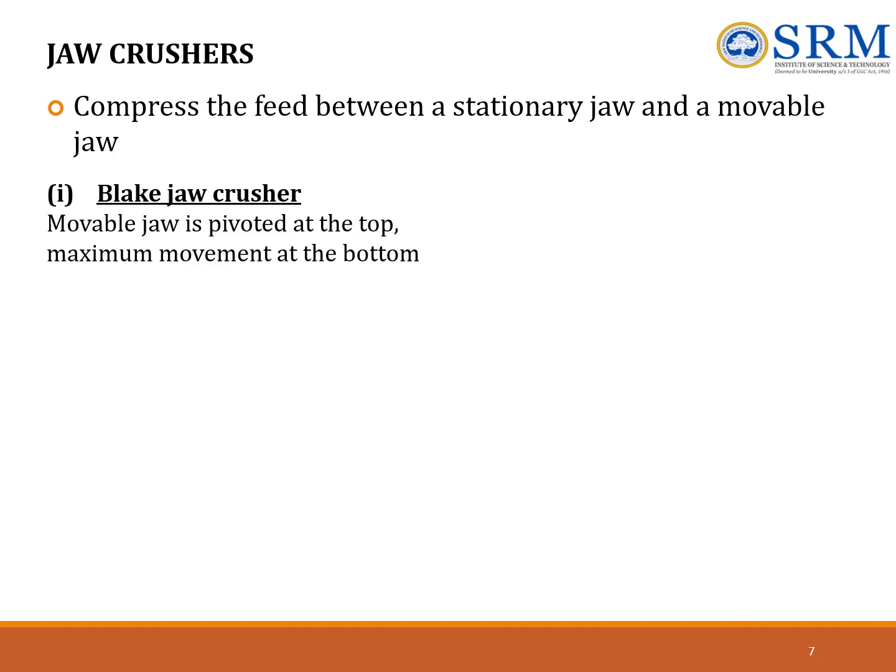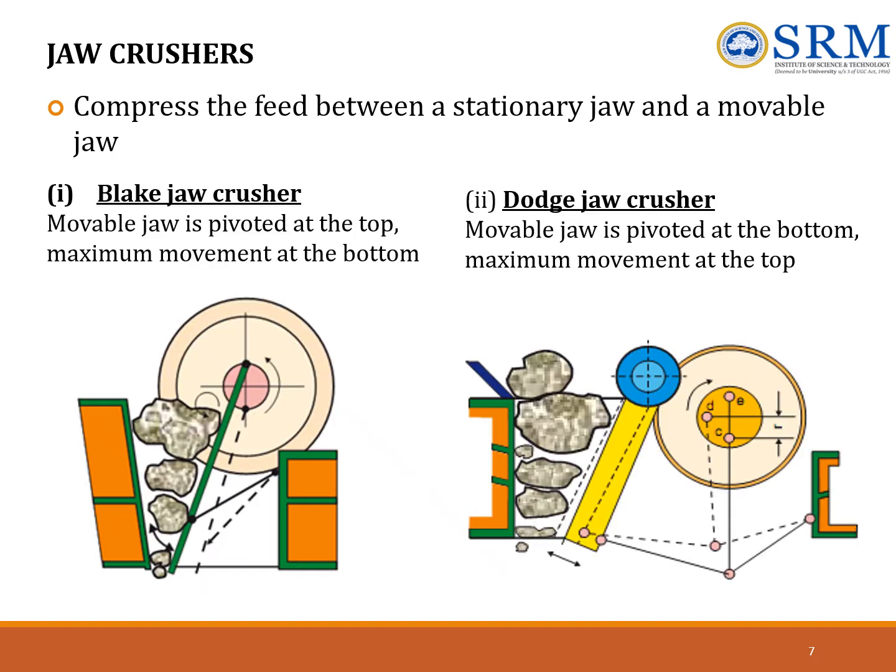Coming to the jaw crusher, it works by compressing the feed between a stationary and a movable jaw. It is divided into blake jaw and dodge jaw crushers. In the blake jaw crusher, the movable jaw is pivoted at the top so that the maximum movement occurs at the bottom.